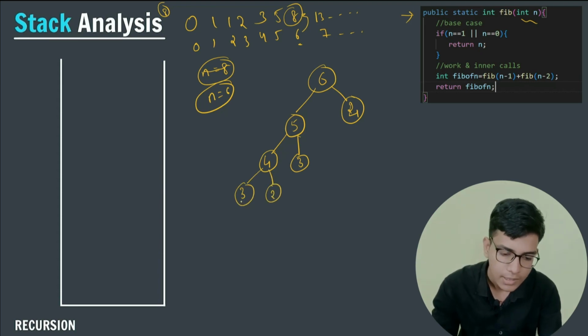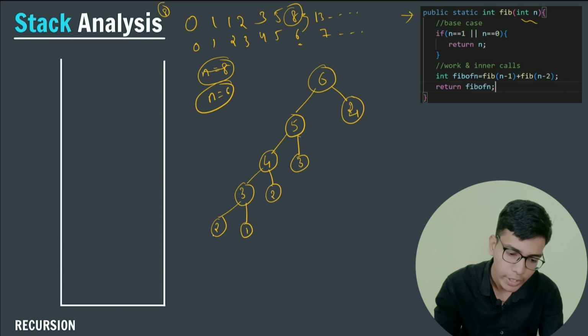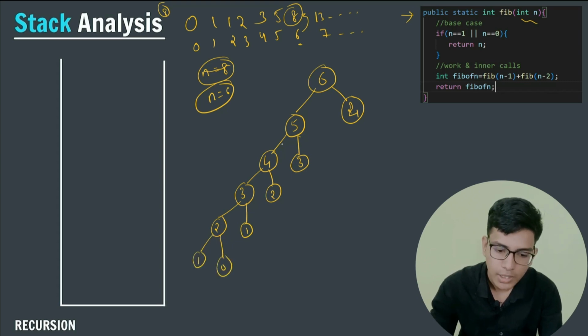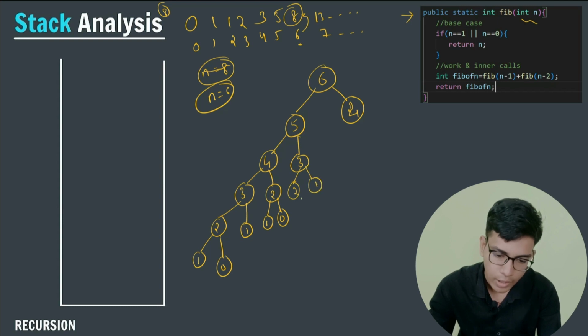Here 3 will call Fibonacci of 2 and Fibonacci of 1, and 2 will call 1 and 0. After that, 2 will call 1 and 0, and 3 will call 2. After it, 3 will call 1, and 2 will call 1 and 0.